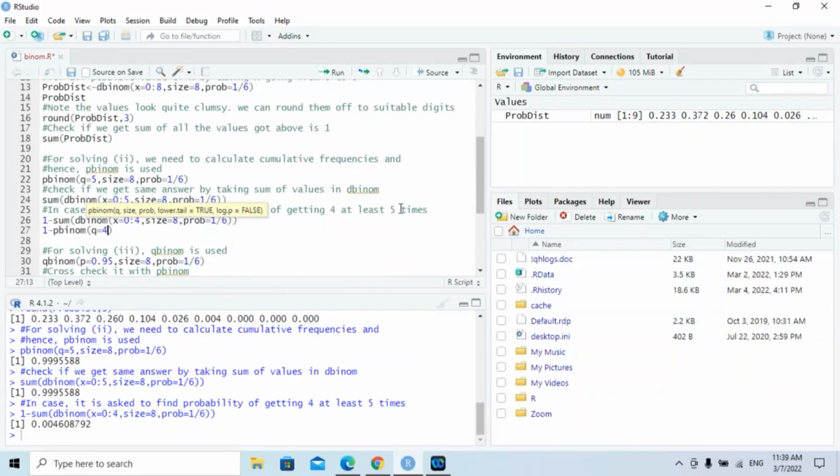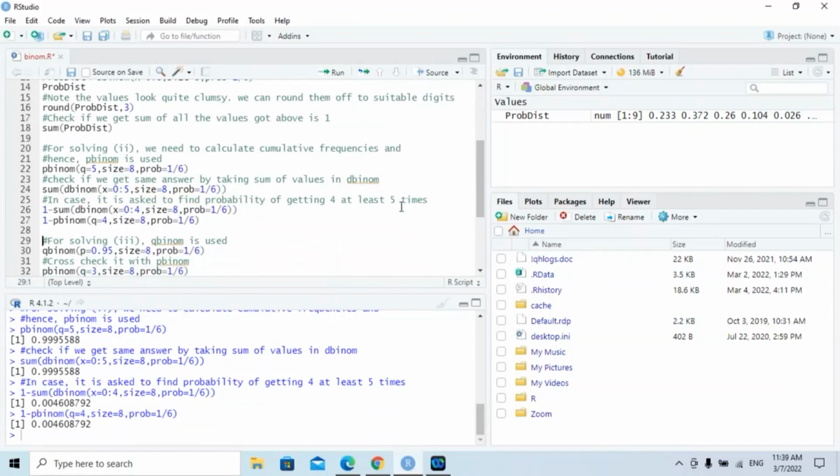So 1 minus success strictly less than 5. So q goes from 0 to 4. Size is 8. And probability is 1 by 6. And if I run this, I get again the same answer, as you can see over here.